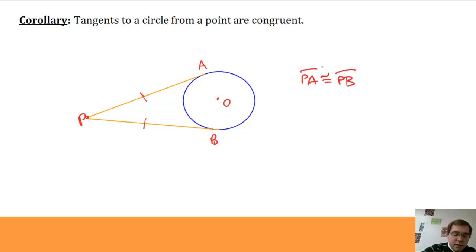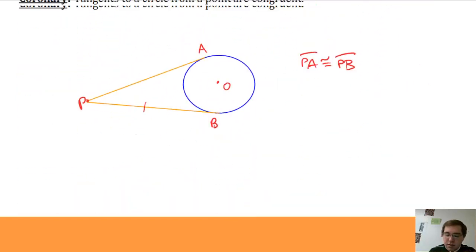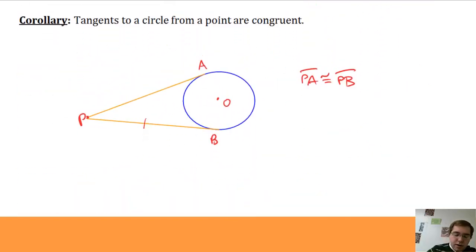The reason has to do with, believe it or not, congruent triangles. If I just quickly sketch in the radius from O to A and the radius from O to B, those are equal because the radius is the same no matter which radii we draw.